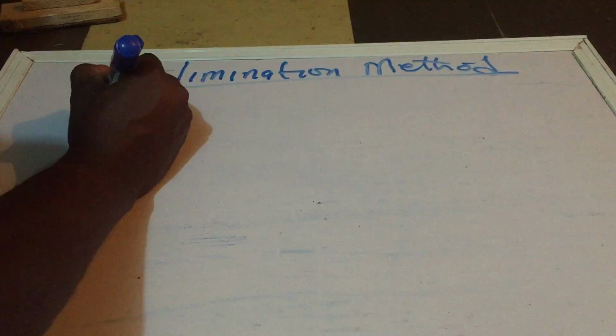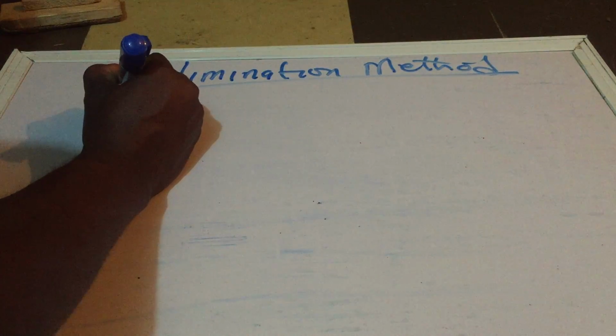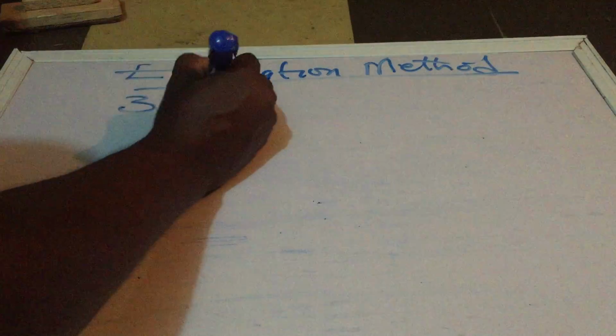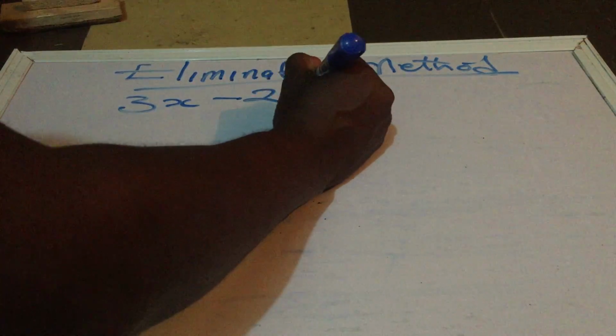So the equation says 3x minus 2y is equal to 5. That's our equation 1.